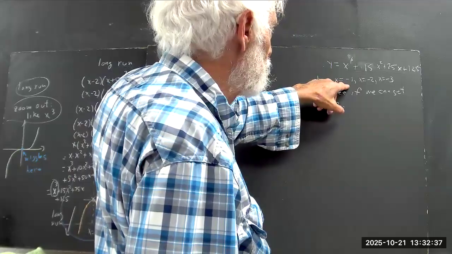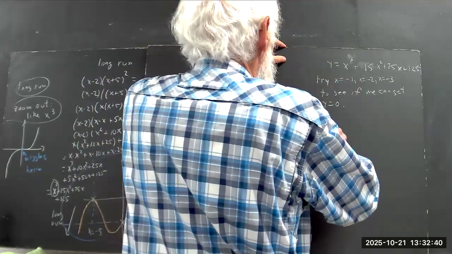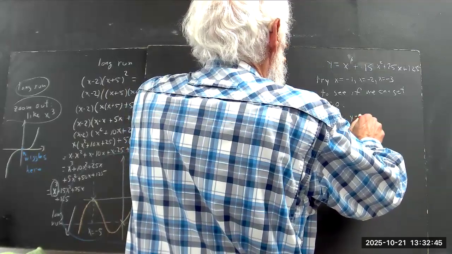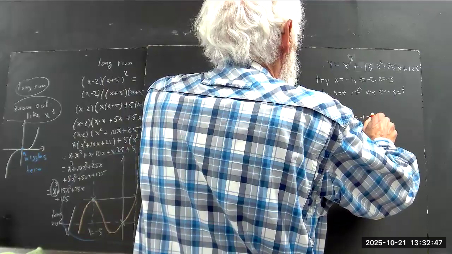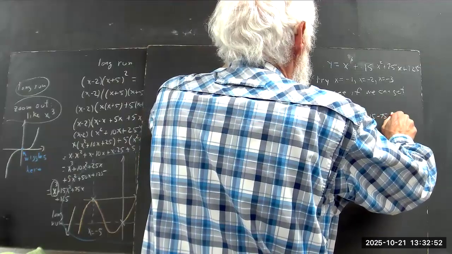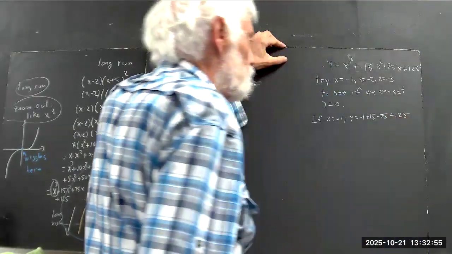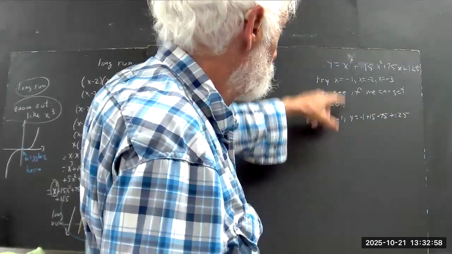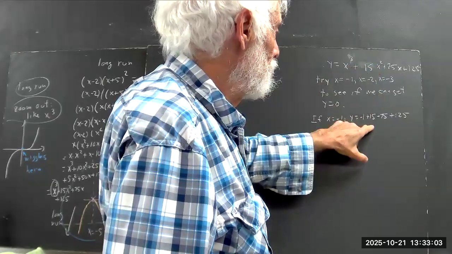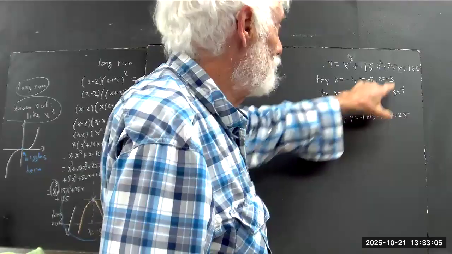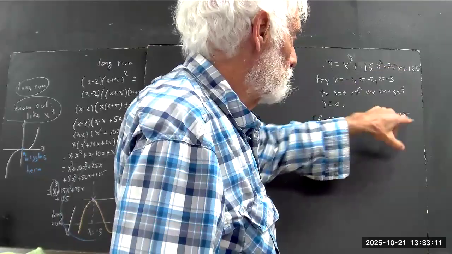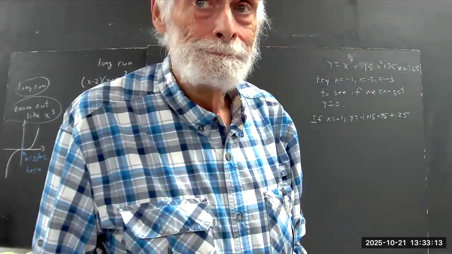Okay, now if x equals -1, well, I'm not gonna do the arithmetic. You can do the arithmetic. -1 cubed is -1. -1 squared is 1, and you multiply that by 15, you get 15. If x is -1, you're gonna get -75 here, and you're gonna get plus 125, whatever x is. Okay?